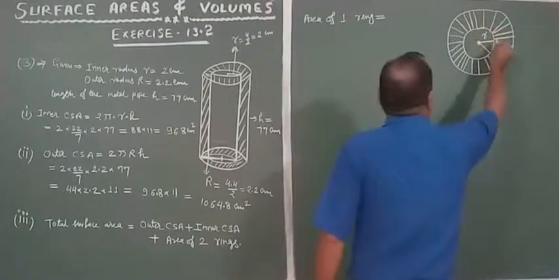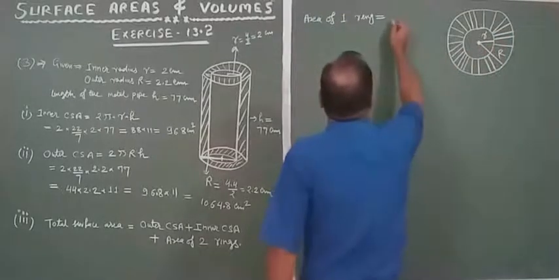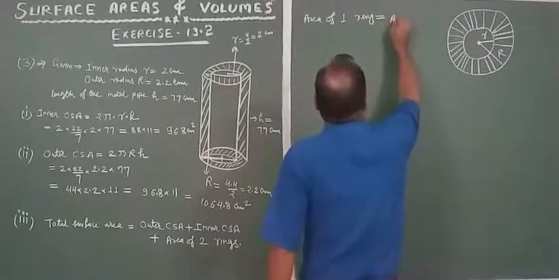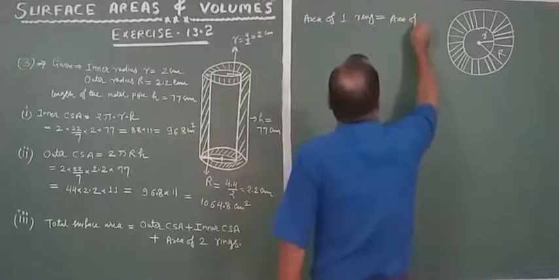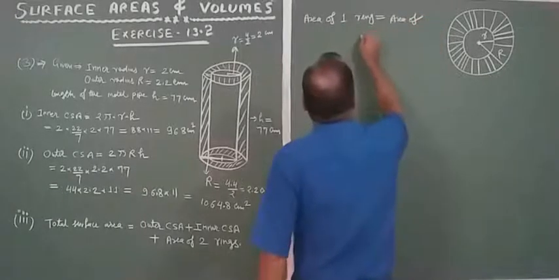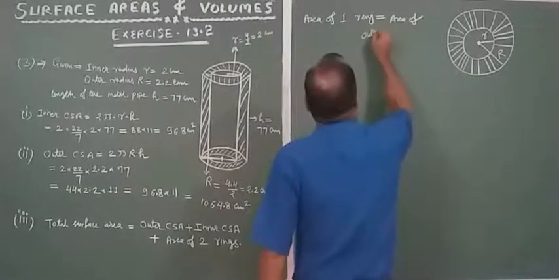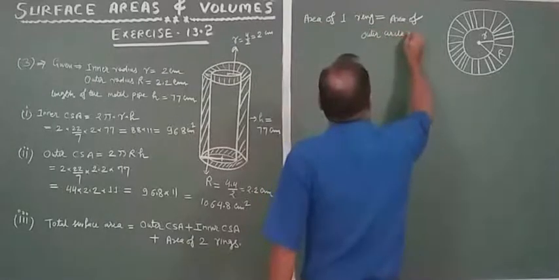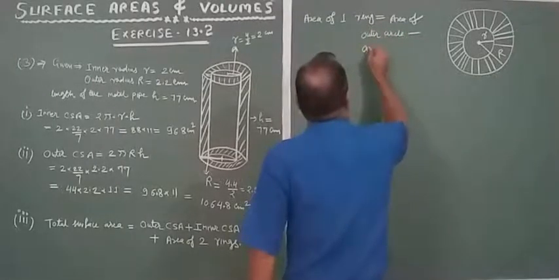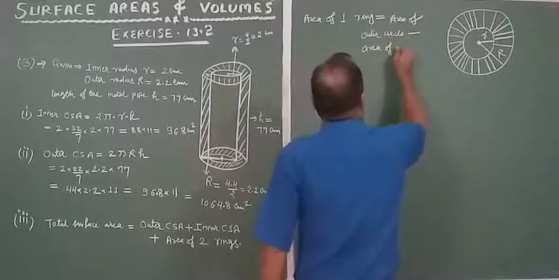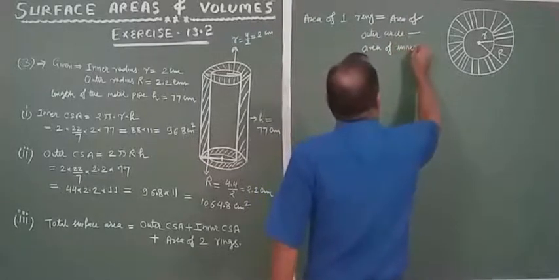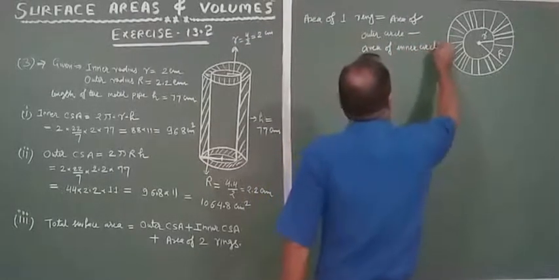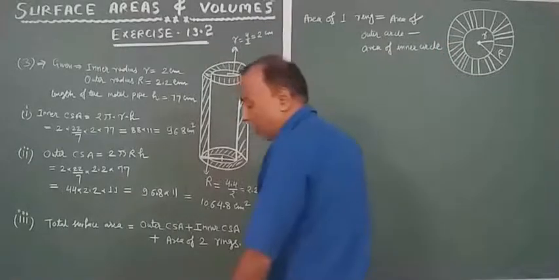So that will be the area of the outer circle minus the area of the inner circle. What will be the area of one ring?